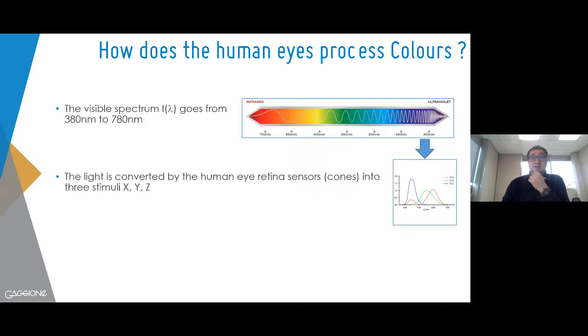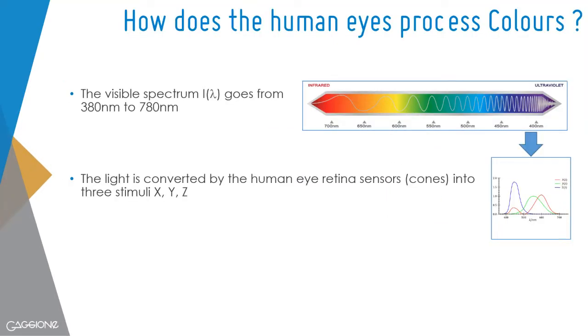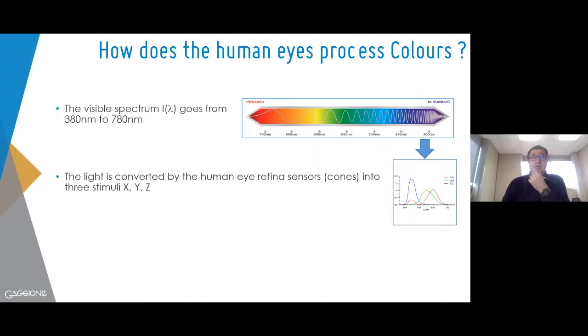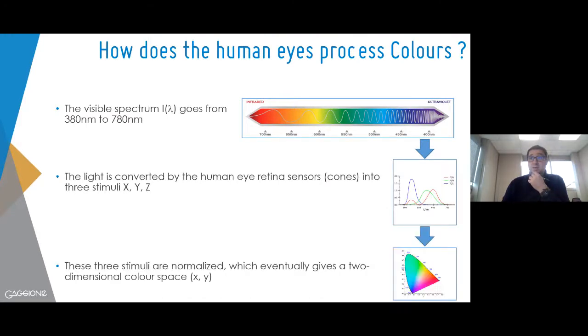Our eyes actually have sensors called cones, which react to three very distinct stimuli, X, Y, and Z. And all of the colors we can see with our eyes and brain are represented in what is called a two-dimensional color space. You can see here on the right a representation, long story short, of all the colors we are capable of perceiving and distinguishing.